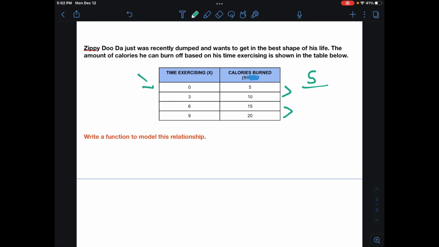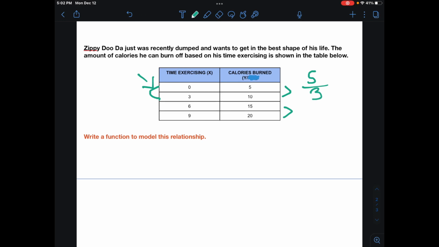And here on the other side, which let's recall would be our independent variable, because based on how much time we exercise, that's going to determine how many calories we burn. So looking here at our input again, we have 0 and 3. So 3 minus 0 is just 3.